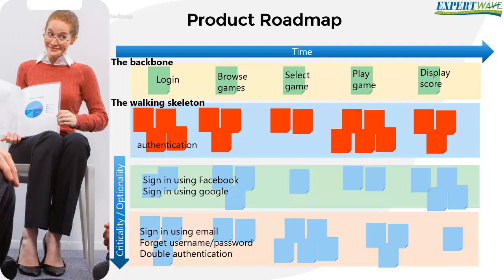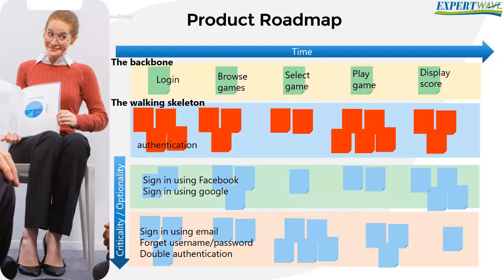When we are done creating our product roadmap, we will know exactly which user stories will go in which release. The first release is usually our minimum marketable product, which we want to release as early as possible.